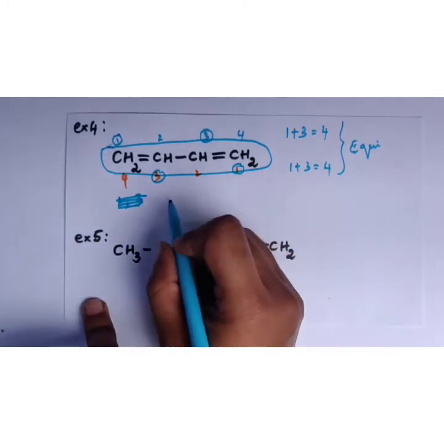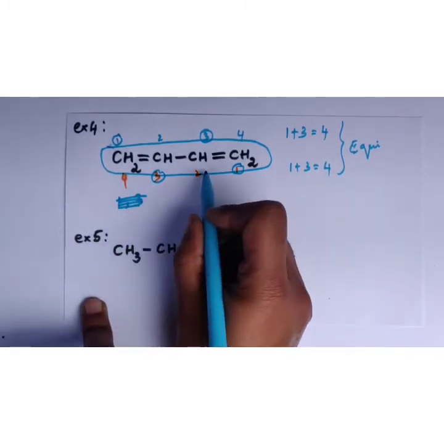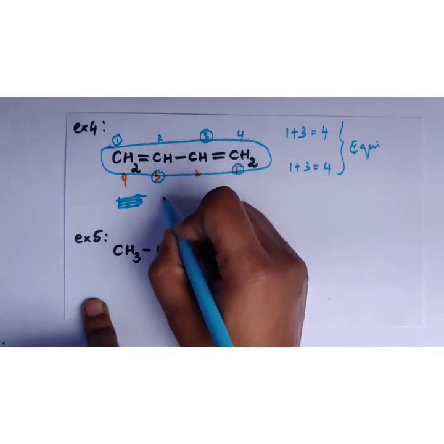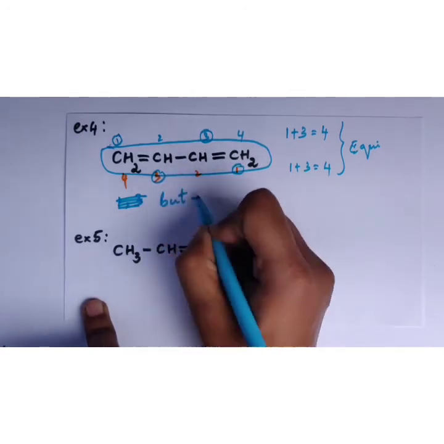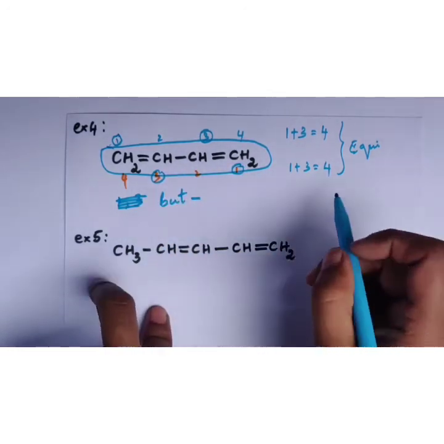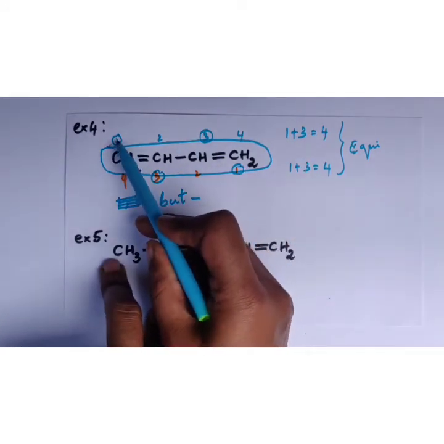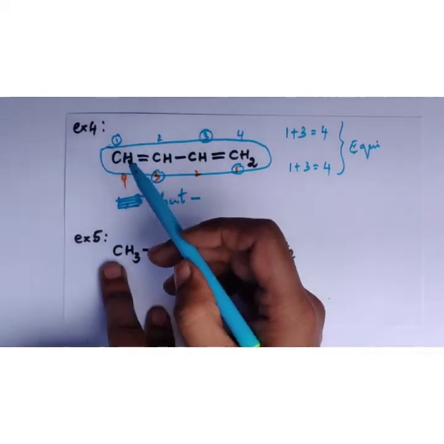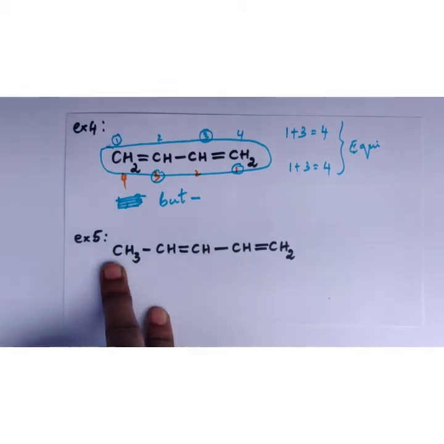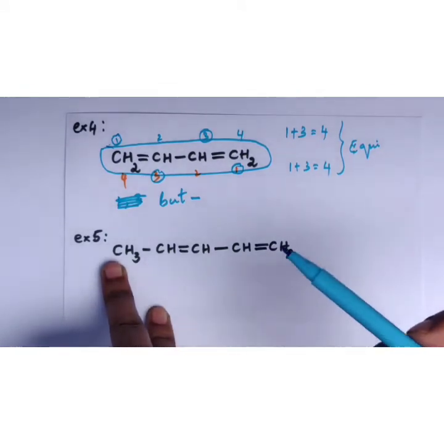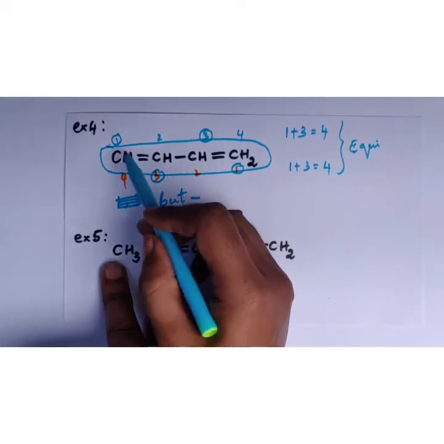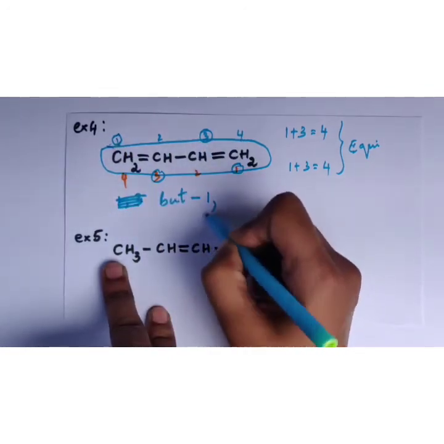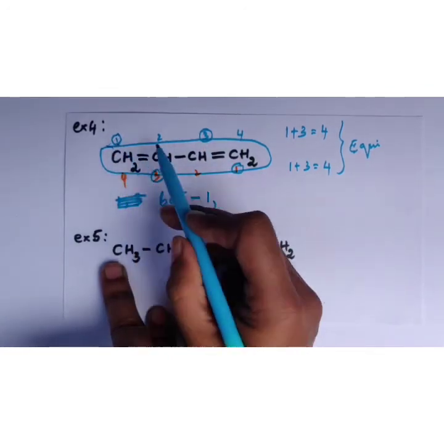So first, you have to look into the prefix. There is no prefix here. You have to go to the root word. What's the root word? Bute. Next, the double bond is present between 1 and 2 and between 3 and 4. Same as how you number the chloro, bromo, iodo groups, you are going to number it here. The double bond is present between 1 and 2, so you select 1.